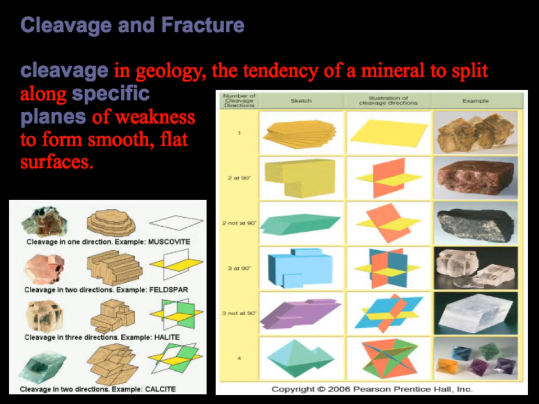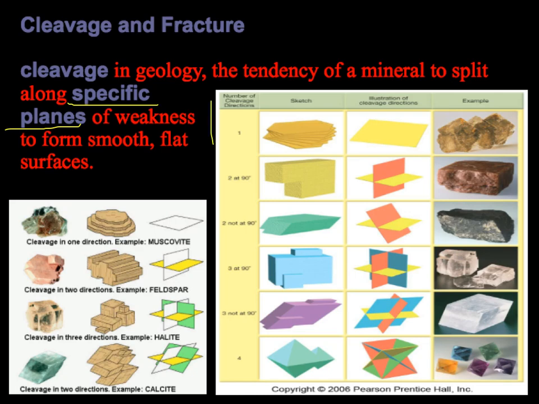The next two have to do with how the mineral breaks. They are called cleavage and fracture. Now, cleavage in geology means that the mineral will split along a specific plane. All right, so it will break off in sheets or form cubes or hexagons or trapezoids.